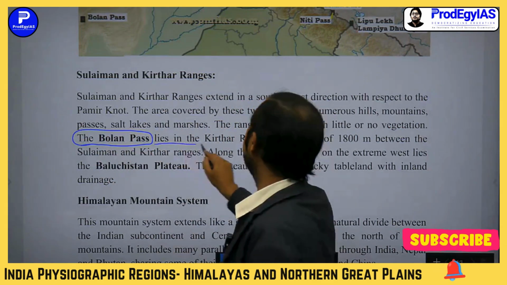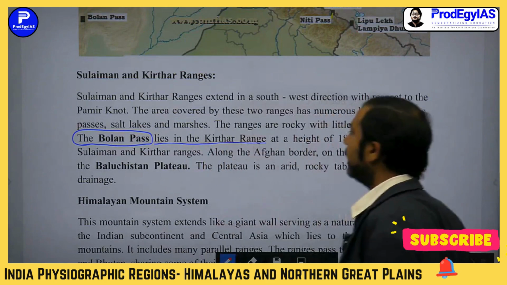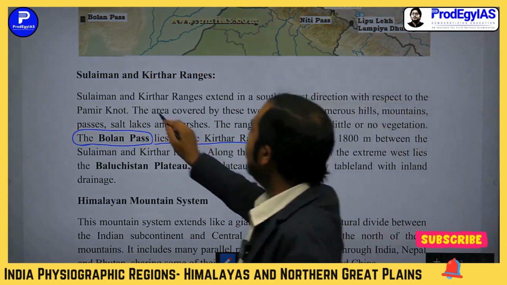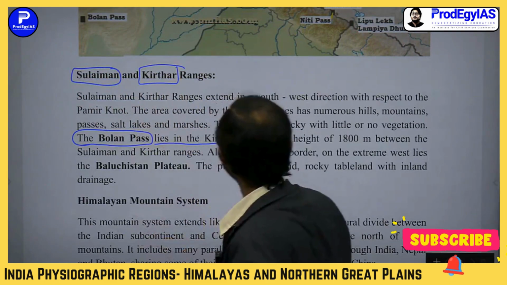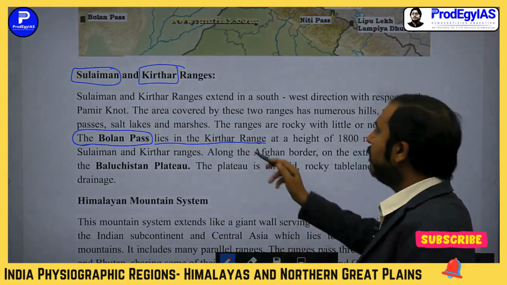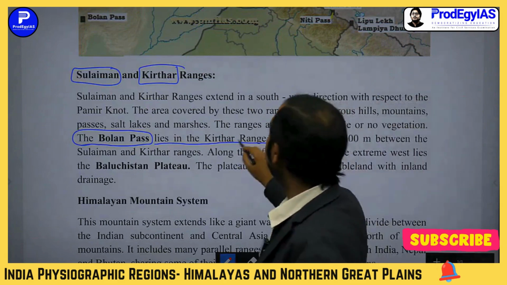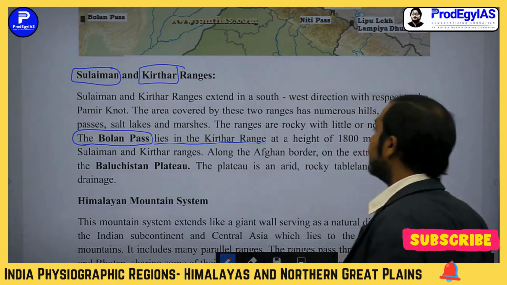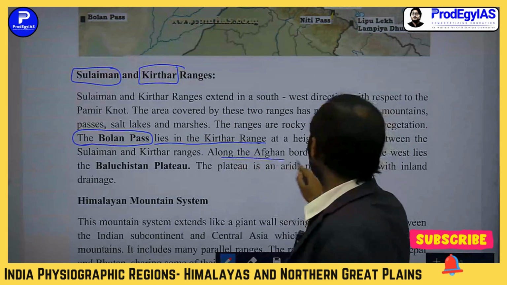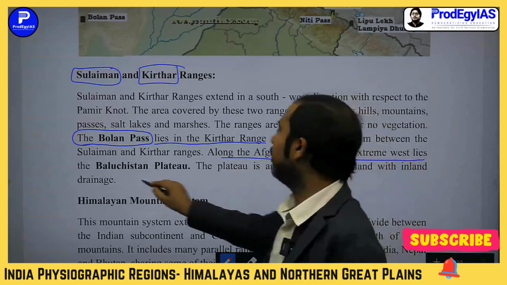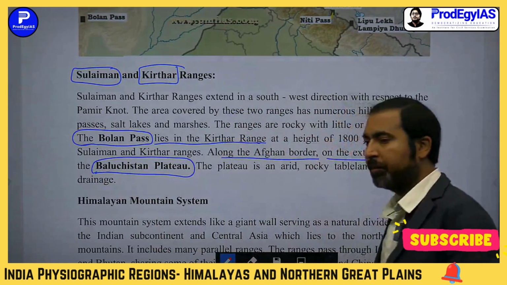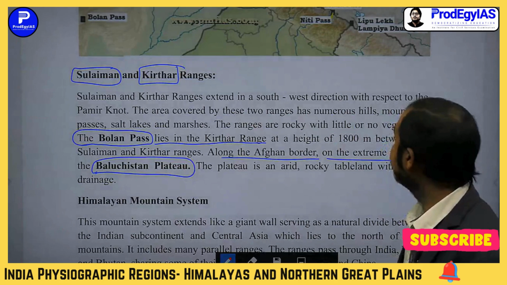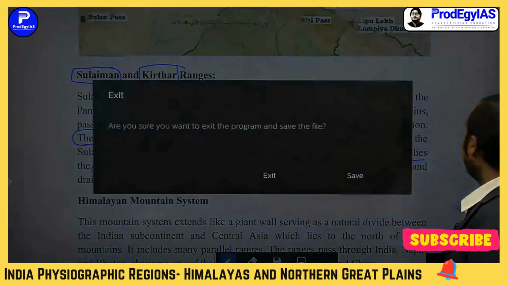We have studied Hindu Kush, then Suleiman, then Kirthar, right? Bolan Pass is an important pass and lies in the Kirthar range of Pakistan. Along the Afghan border, on the extreme west lies the Baluchistan Plateau. The Baluchistan region is in Pakistan, and it lies on a plateau, right?